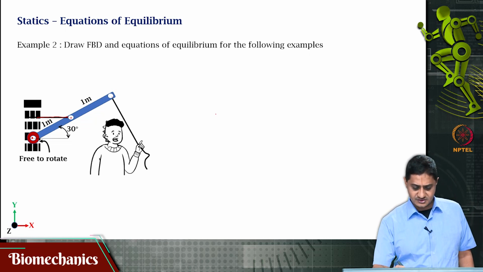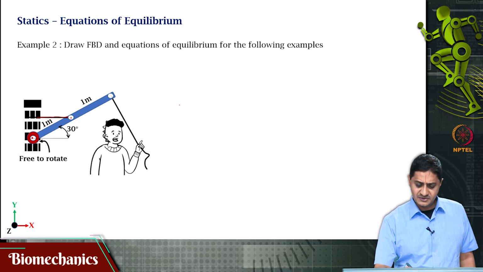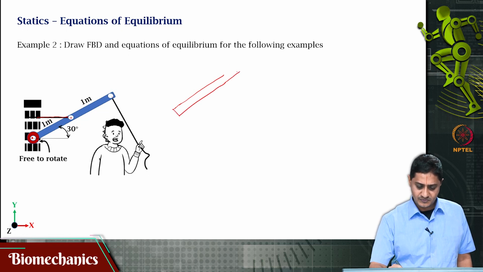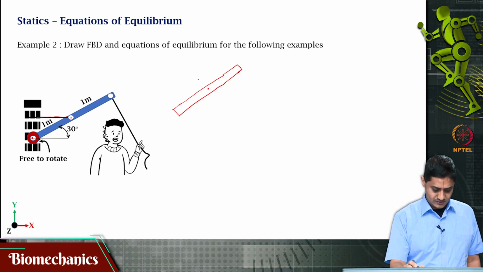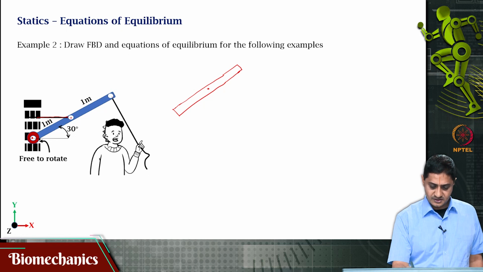diagram of the situation. So, this is the beam. I am going to assume a similar inclination. Okay, that is the beam. Okay. Now, let us assume that a force P is being applied.